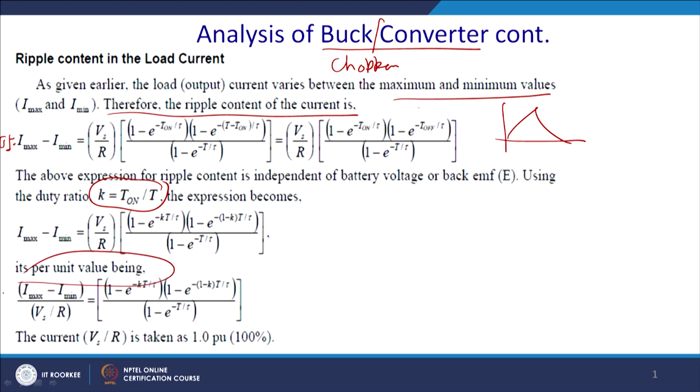In terms of percentage, it is I max minus I min divided by the average value, that is Vs by R, and it will depend on 1 minus e to the power minus kT by tau, into 1 minus e to the power minus (1 minus k)T by tau, over 1 minus e to the power minus T by tau.